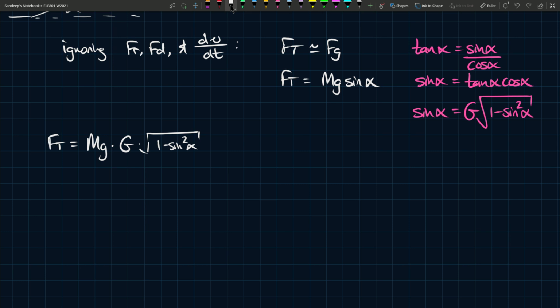But we said that Ft is equal to mg sine alpha, or you can just leave it in this form, whichever way you'd like to do that. But you can say this is equal to g times mg squared minus mg sine alpha, all squared, like so. Maybe we can draw that after.